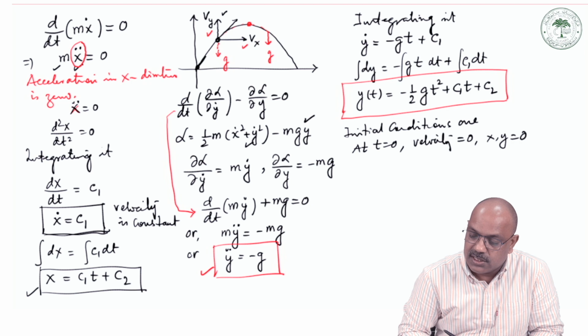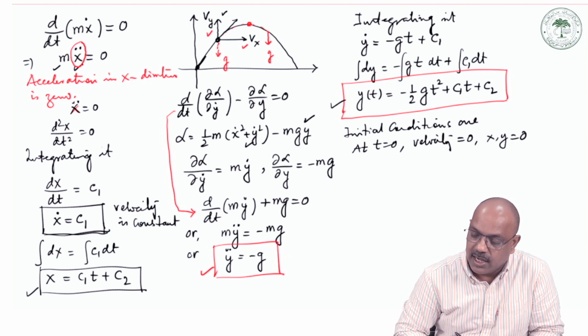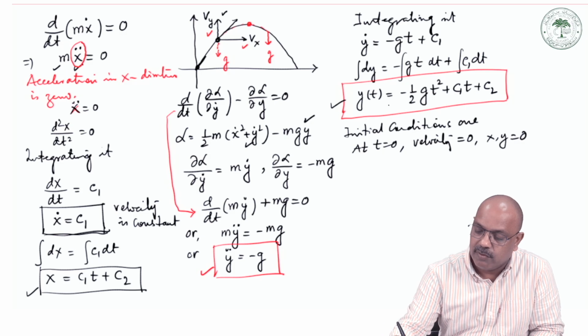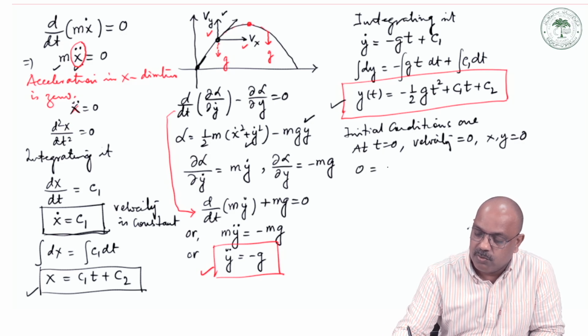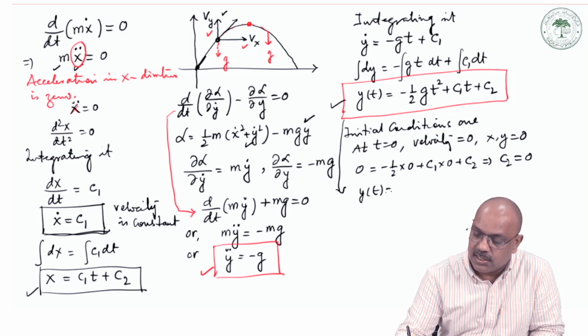So if I put this into y at time t equal to 0, y is 0, so this is 0 minus half into 0 plus c1 into 0 plus c2. This gives you that c2 is 0. So now y(t) is minus half gt² plus c1t.